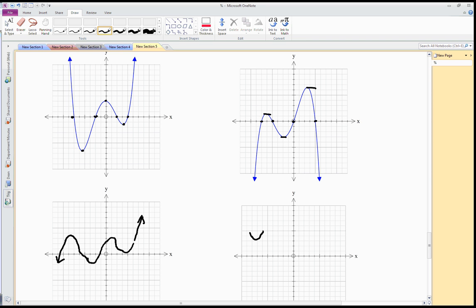That's my point of inflection, and then I'm going from a positive to a negative, so I must have another turning point there. Then I've got a point of inflection here. I must have another turning point there where I'm going from a negative gradient to a positive. So there is my point of inflection, and I must have a minimum there. And then again I'm going from a positive to a negative, which means I've got my point of inflection part way through, and it will look like that.